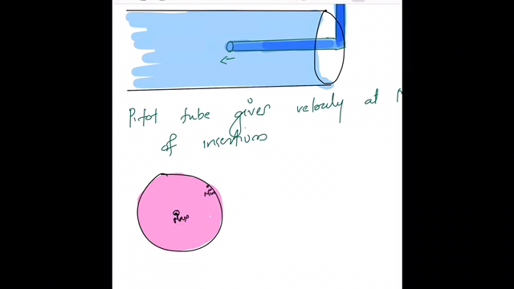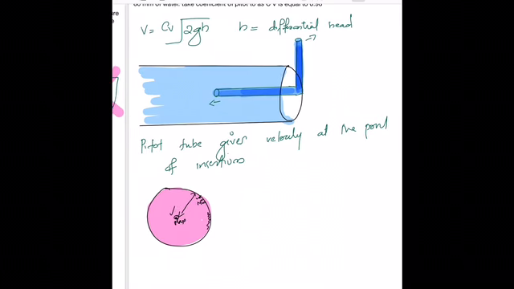The reason being that the surface of the pipe has some roughness, and because of that the flow will experience some resistance. As we move from the surface to the interior, the impact of the surface roughness is reduced, and thus the velocity will be maximum at the center and minimum at the surface.